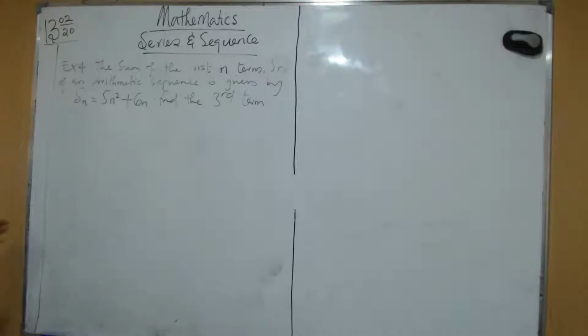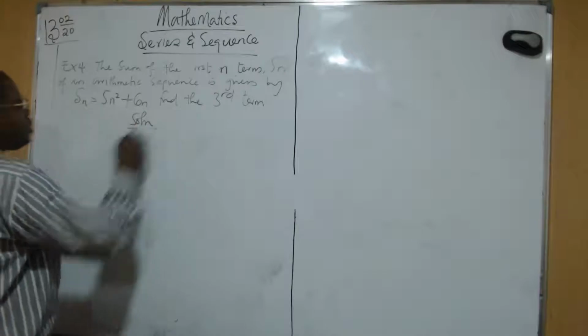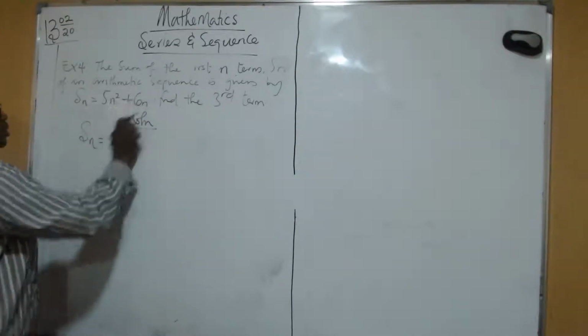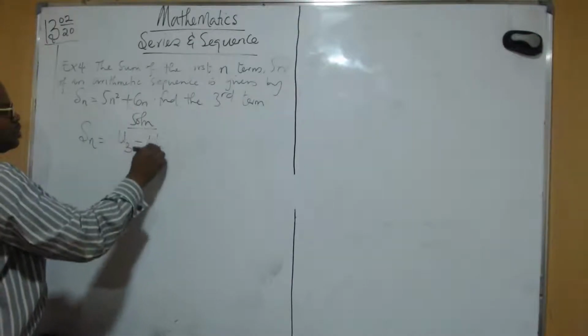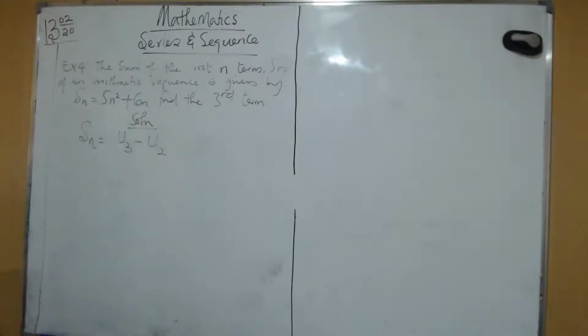So that means they're going to have the third term as well as the second term. Then how do we go about that? We have the solution. We have the third term equals the sum of the first three terms minus the sum of the first two terms.